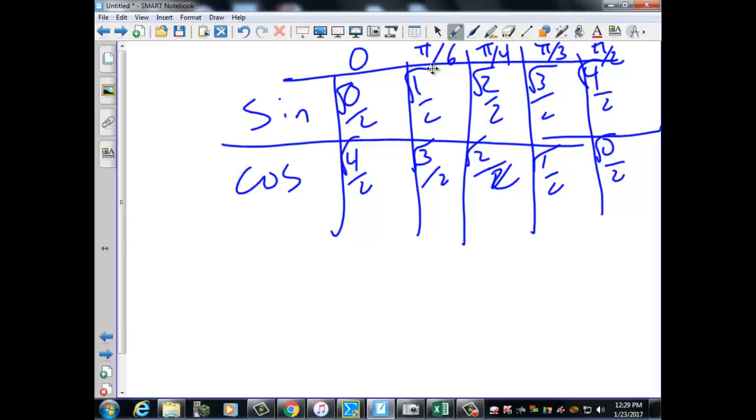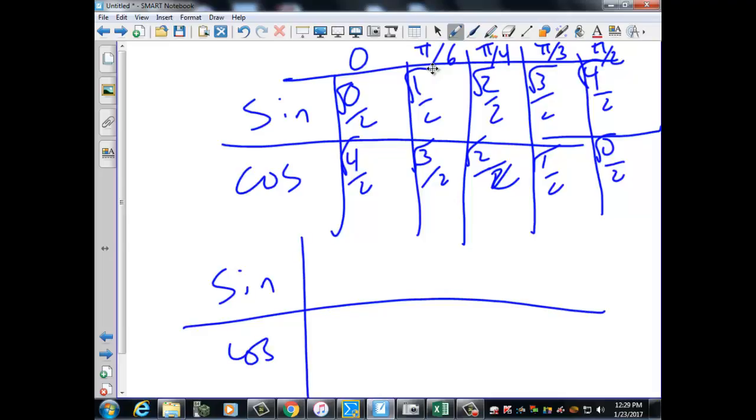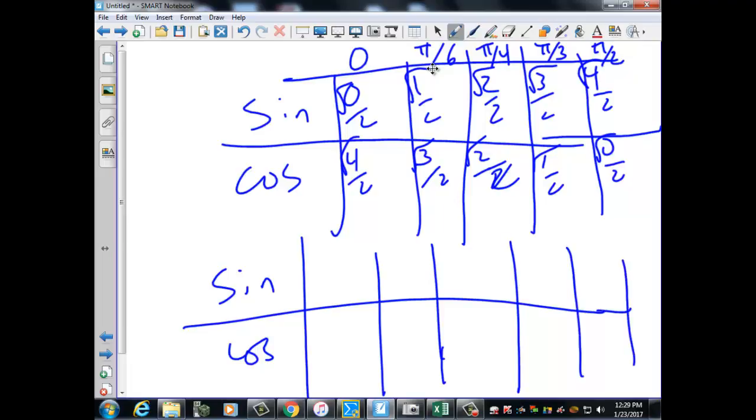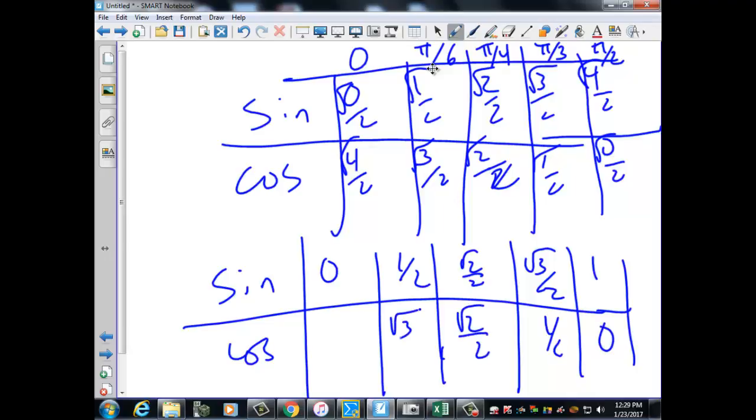Okay. Which gives us a very pretty chart that looks like this. Sine, cosine: 0, 1/2, square root of 2 over 2, square root of 3 over 2, 1, and 0, 1/2, square root of 2 over 2, square root of 3 over 2, and 1.